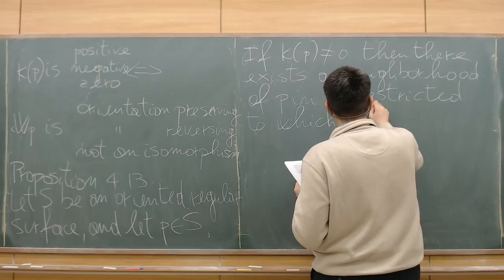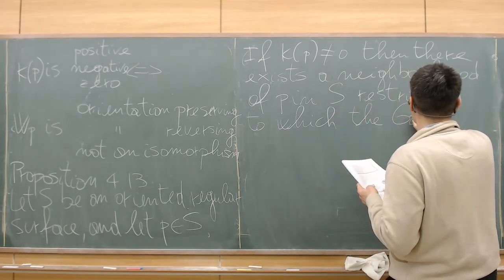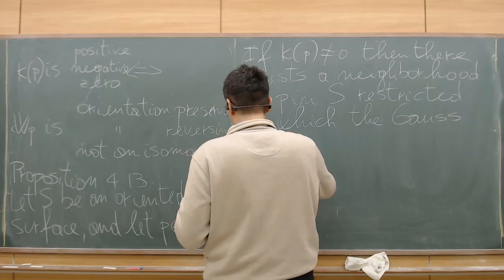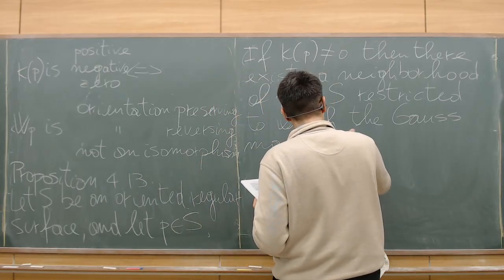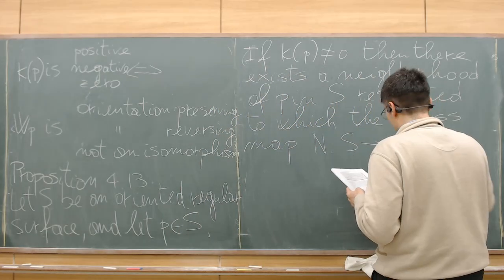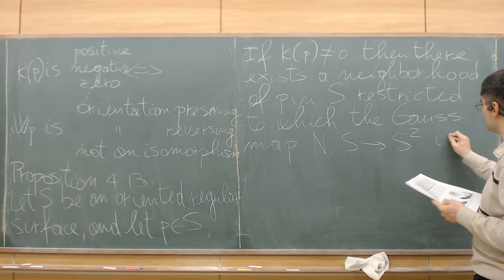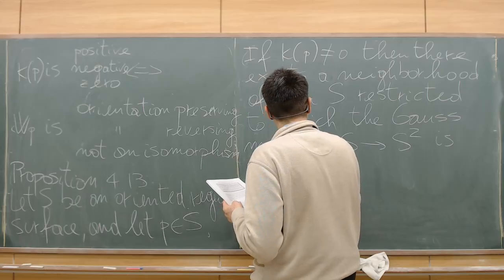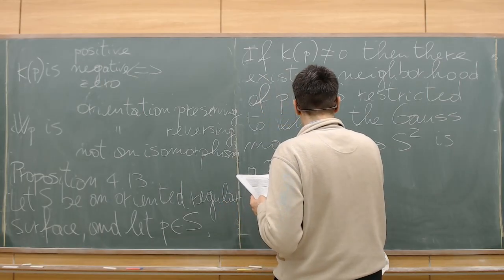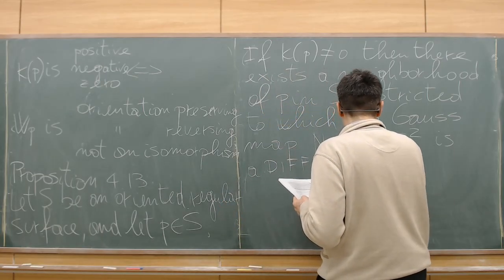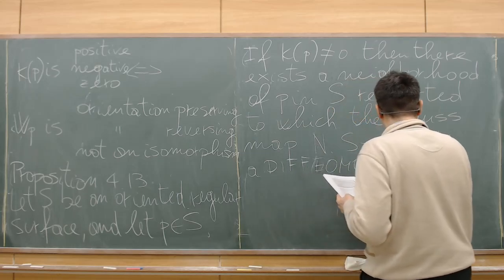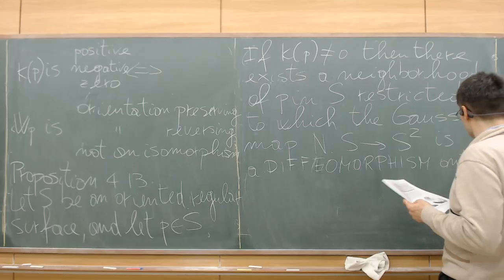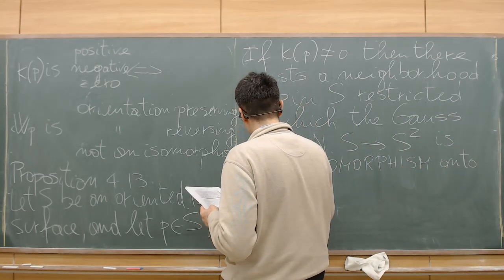the Gauss curvature, the Gauss map N defined on S with values in S2 is a diffeomorphism onto its image.